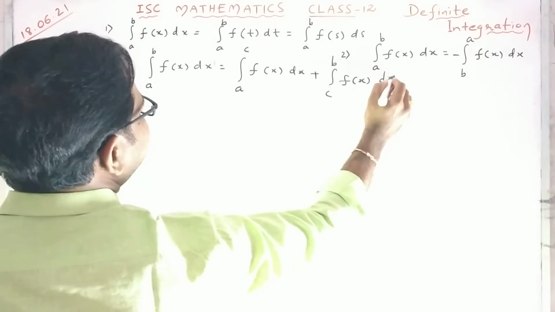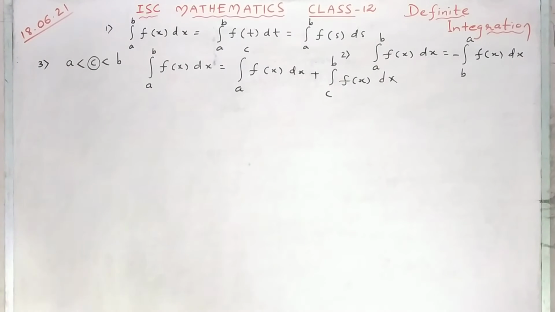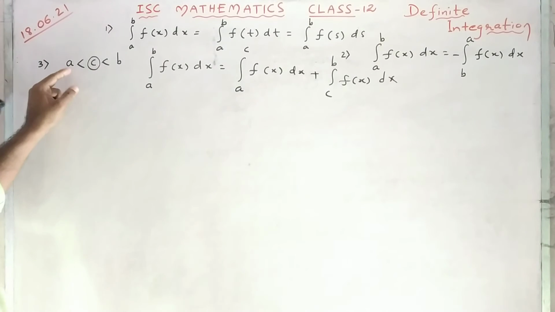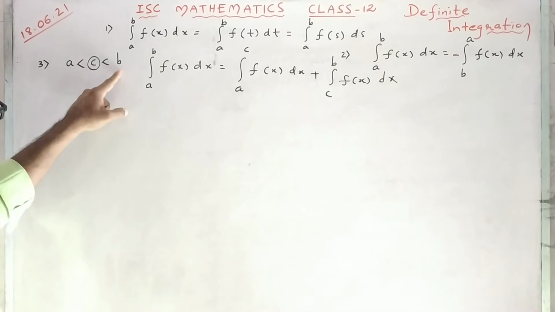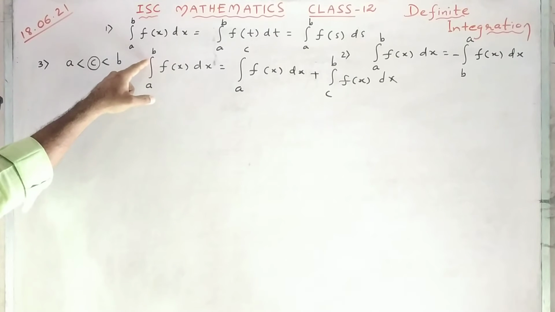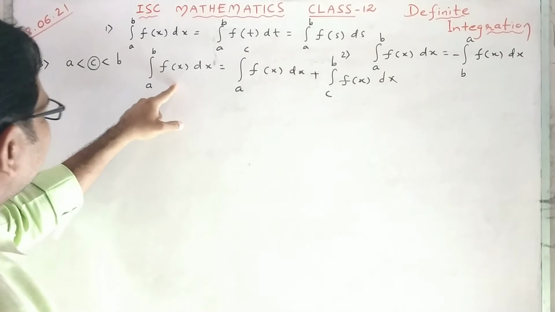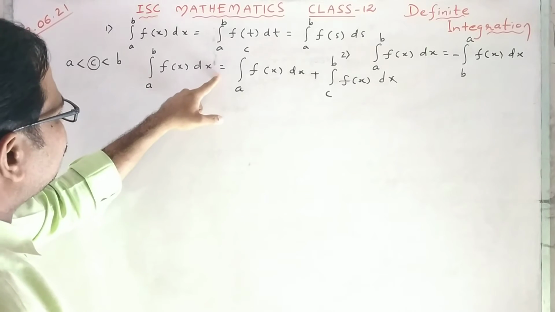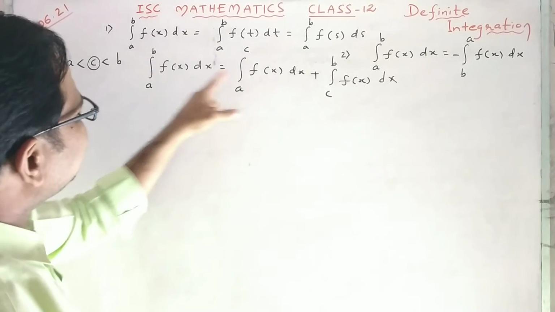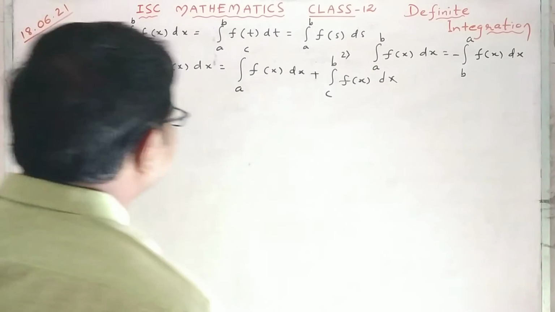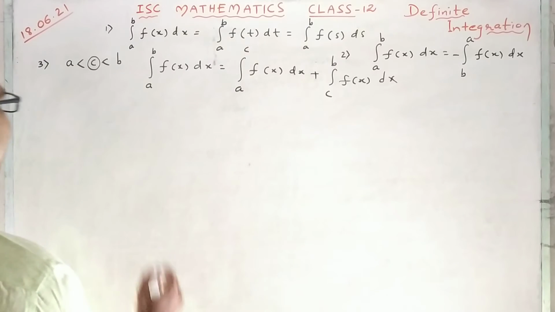We can split the integration. Between, one value I am taking, a less than c less than b, then integral a to b f of x dx equals integral a to c f of x dx plus integral c to b f of x dx.